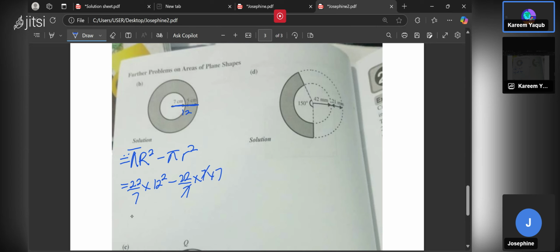You can do the calculation. That's going to be 144 times 22 divided by 7. So you get 452.6. 452.6 minus 154.